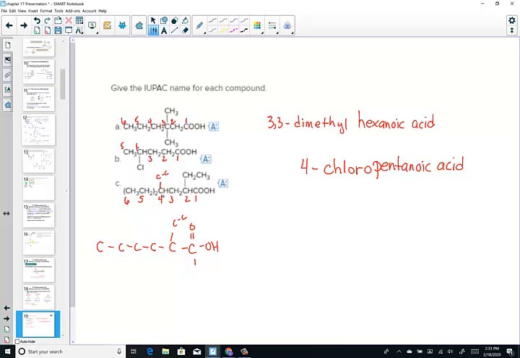At carbon 4, 1, 2, 3, 4, carbon 4 was attached to 2 ethyl groups. We have a parent name of hexanoic acid. At carbon 2 and 4, there's diethyl. So 2,4-diethyl hexanoic acid. That's our name. How fun is that to say?